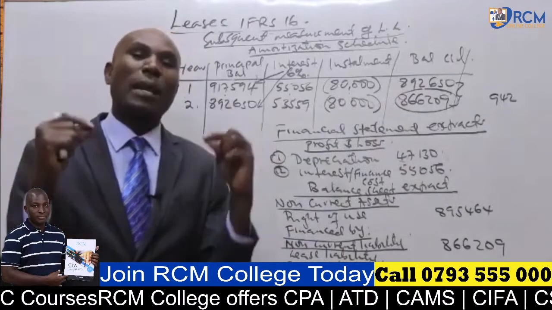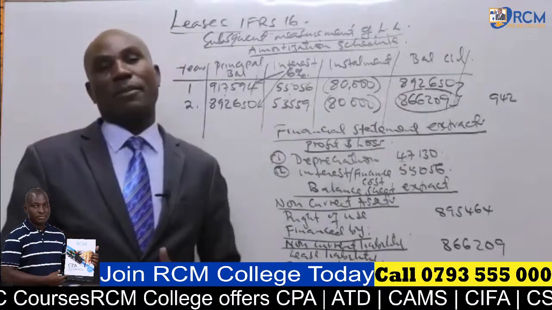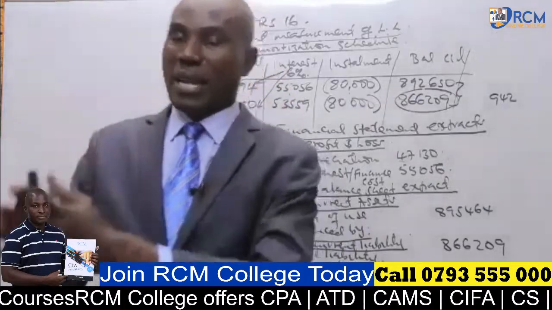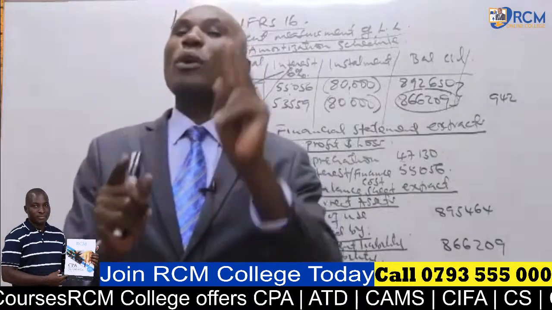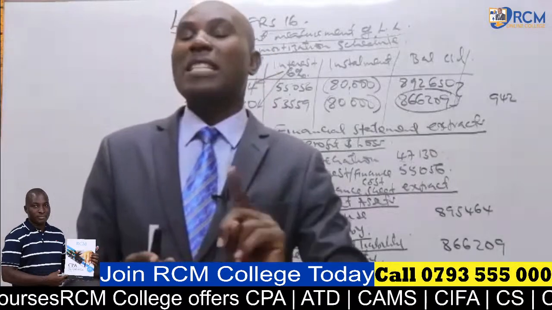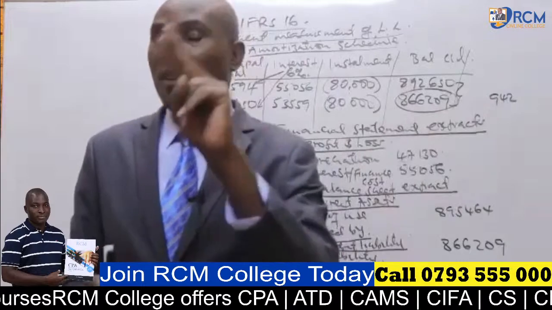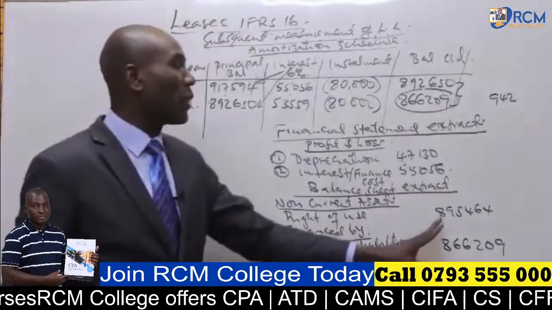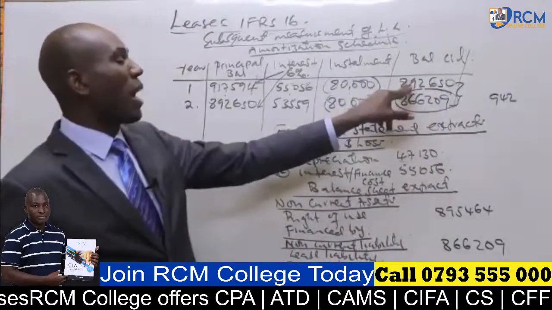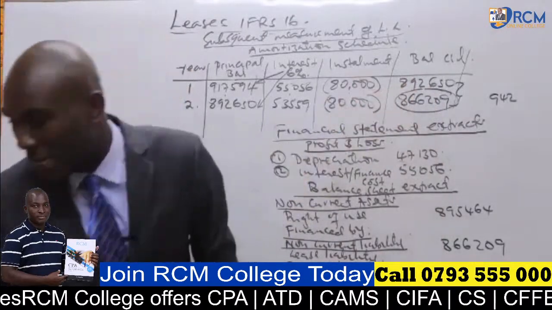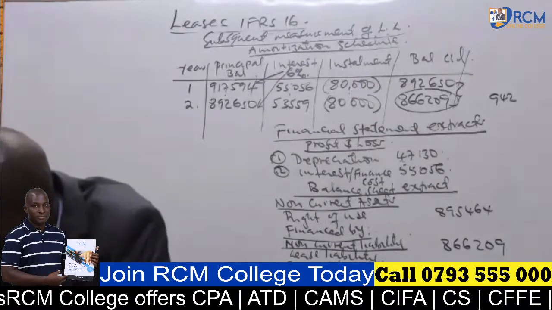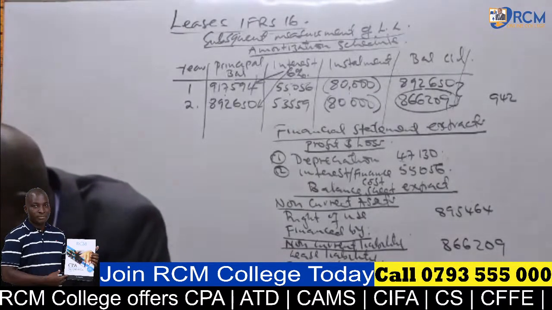In our case, payments are made in arrears, therefore we prepare for 2 years. Even if the examiner wanted year 1, you prepare for the second year. Like in this one, the difference between year 1 and 2 becomes the current liability. What is the difference, Joanne, year 1 and 2?